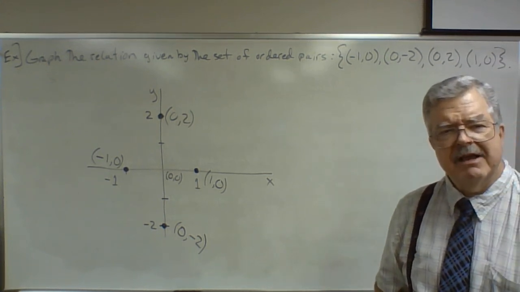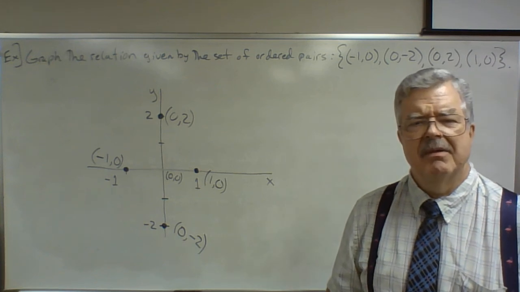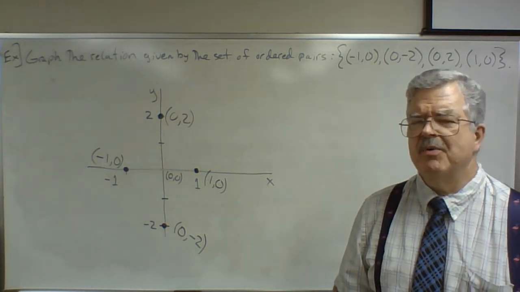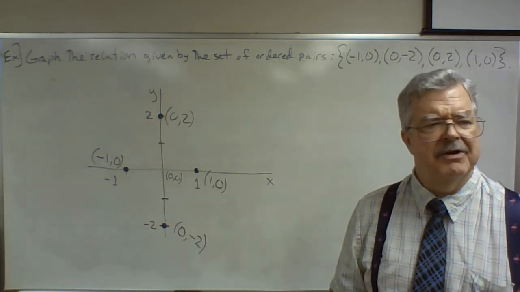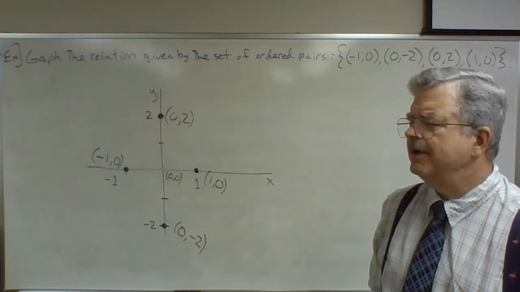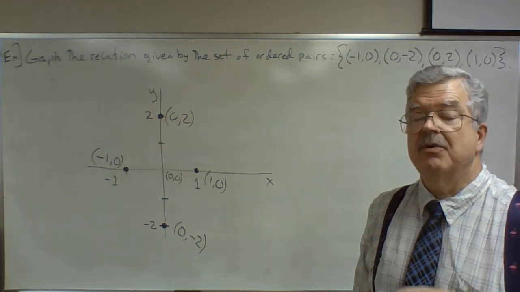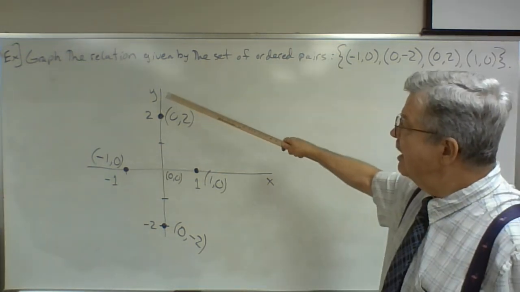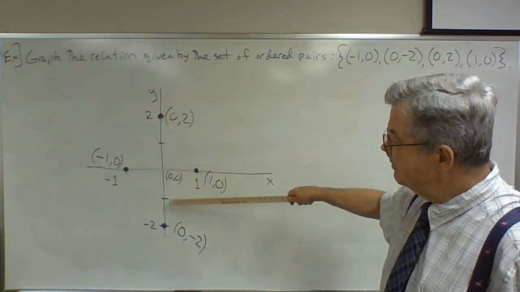And in the xy plane, where are all the points that have an x coordinate of 0? Don't all the points with an x coordinate of 0 lie on the y-axis?